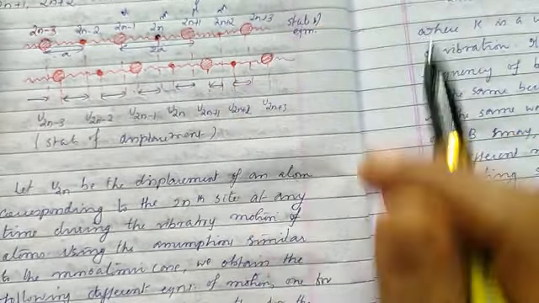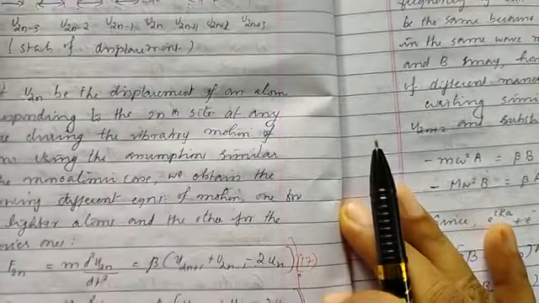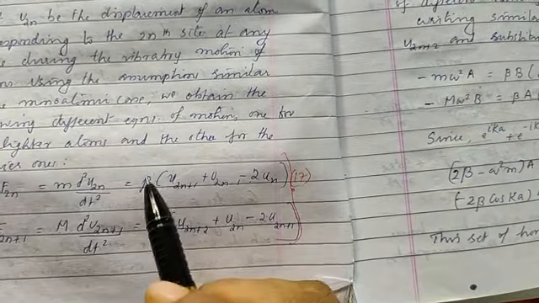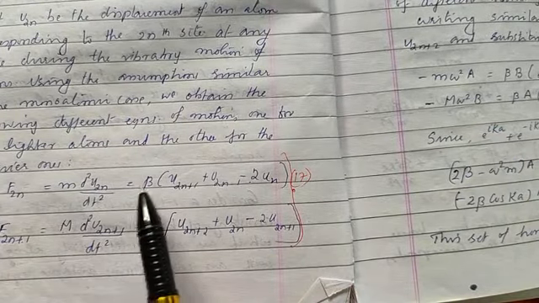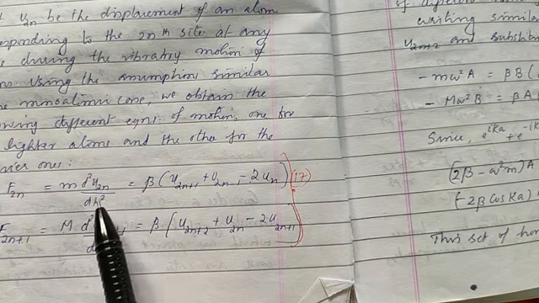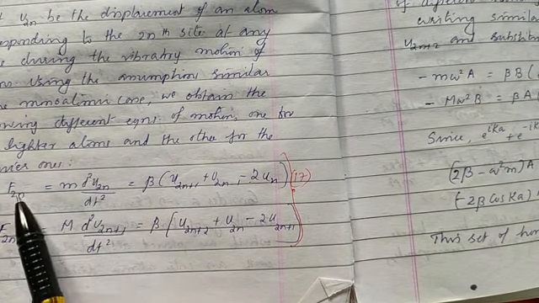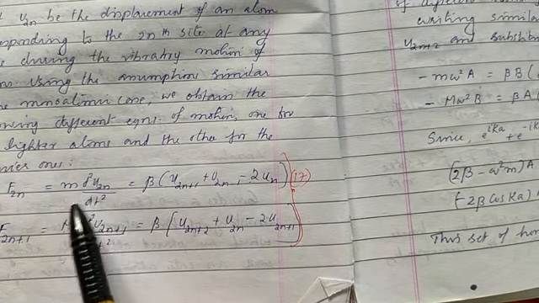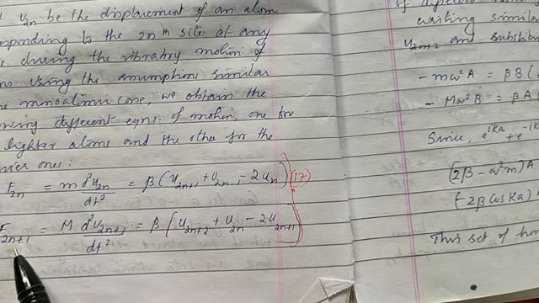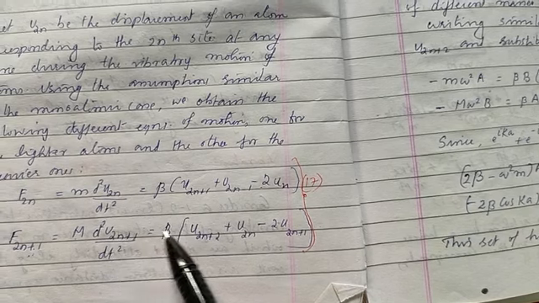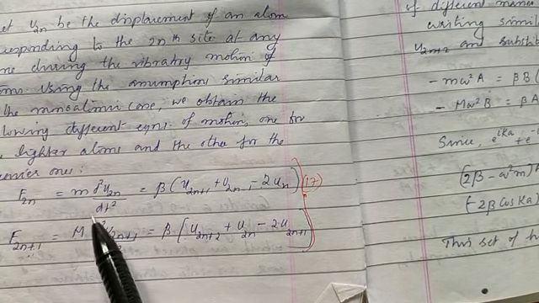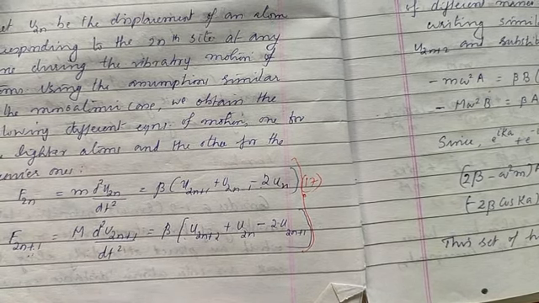So they are alternately arranged. The force acting on the atom at position 2n is represented by F2n, where the mass is small m, and for the 2n plus 1th position the force is represented by this equation, and the mass is capital M.